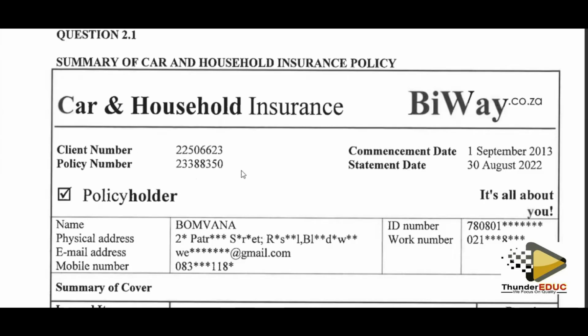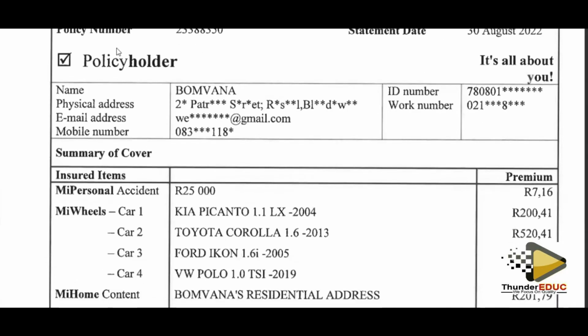The client name, the policy name, the commencement date, the statement date. This is when it was printed. This is when it started. The policyholder, it's all about you. So the policyholder's name, the physical address, the email address, the mobile number, the ID number, and the work number.